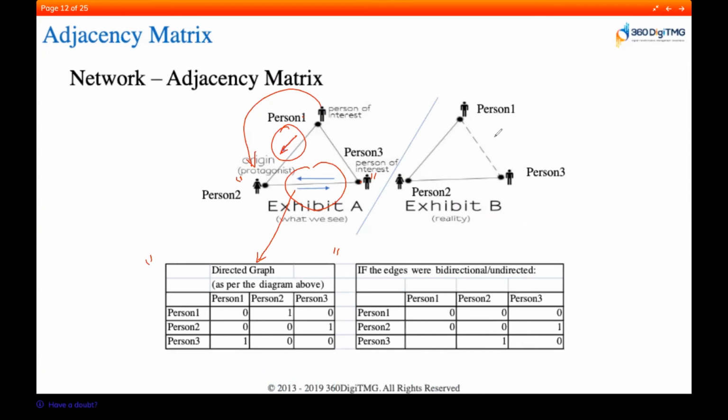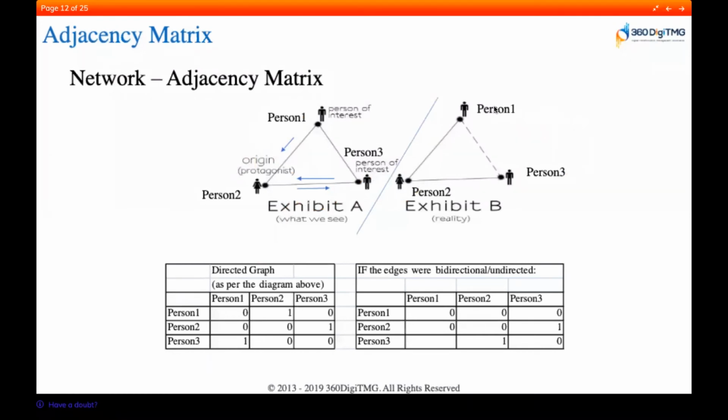The other example could be the same example, but it doesn't have any direction at all. If you look at this, the dotted line says there is no connection between person 1 and person 3. There could be connectivity through person 2, however, there is no direct connection between person 3 and person 1.